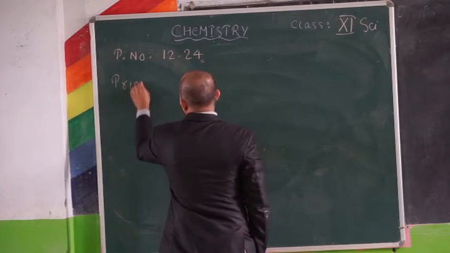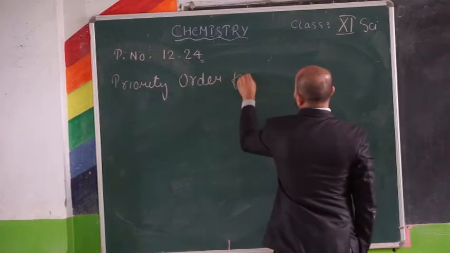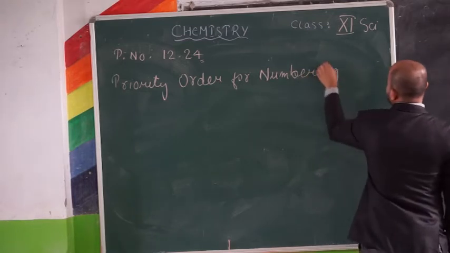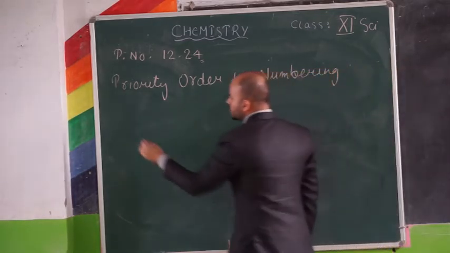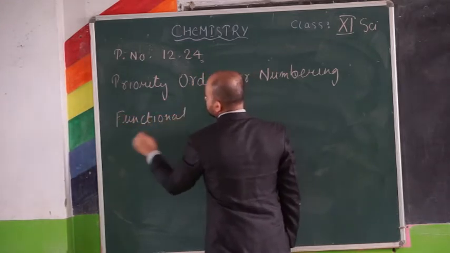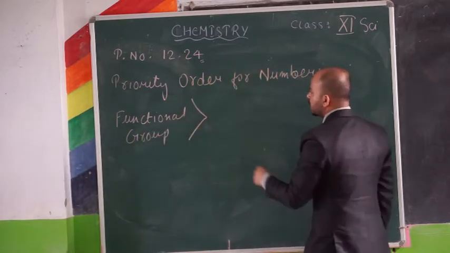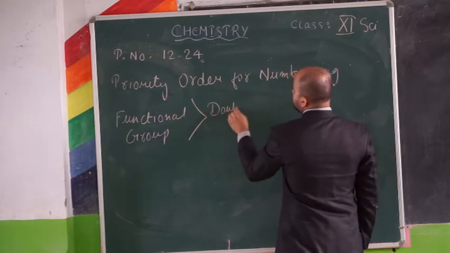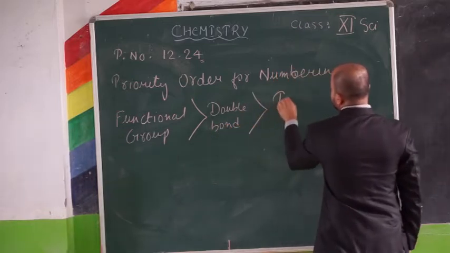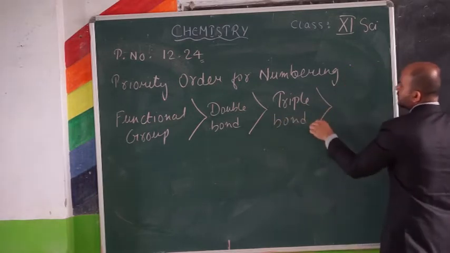Priority order for numbering carbon atoms in the chain: the functional group is given the most preference. Then comes your double bond. The double bond is given next preference. Then comes the triple bond. And at last you have certain substituents.